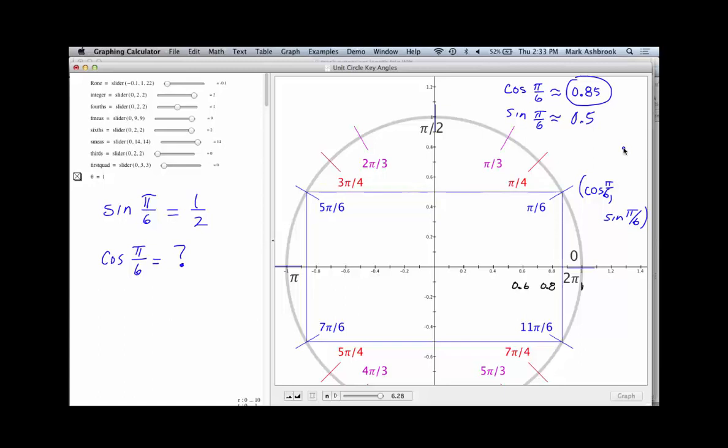We just wrote this triangle now, right? So can you imagine the triangle you have to draw? Label what you got and solve for what you're trying to find.